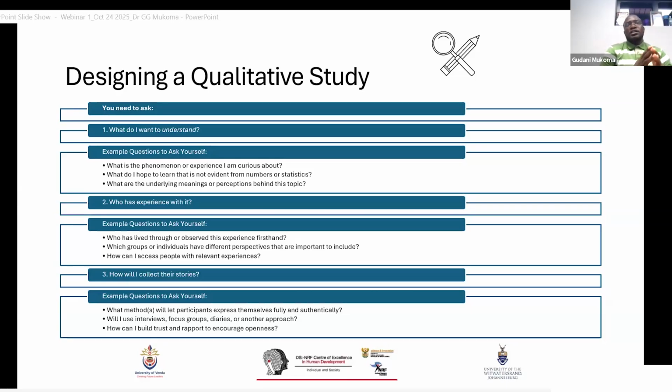You'd want to look at the experts, for example, those who have developed the framework or the policy. You will also want to engage with those who are going to have to implement this NHI, and that will include your primary healthcare workers, such as nurses, doctors, and how this would affect individuals who are supposed to be receiving the care. So those kinds of things are very useful for you to know firsthand before you start saying this is the kind of study that I'm going to be conducting.